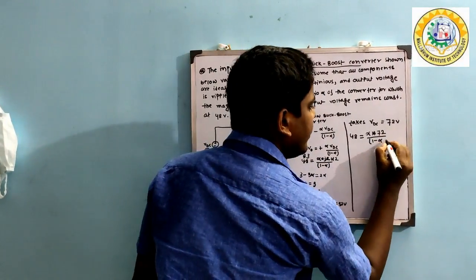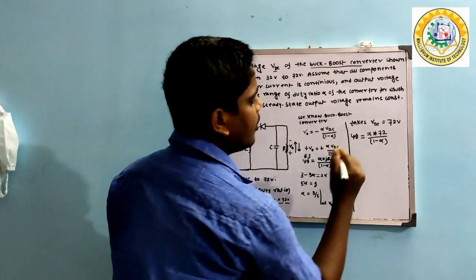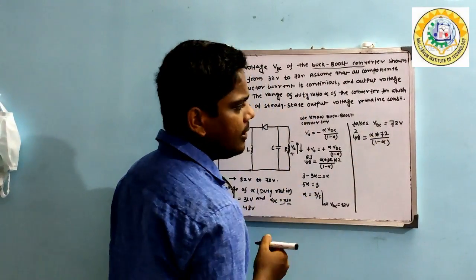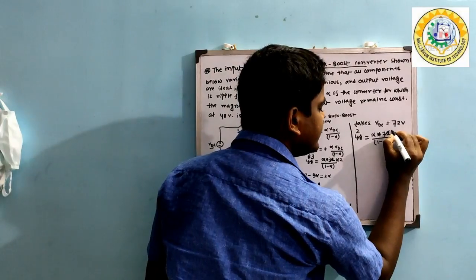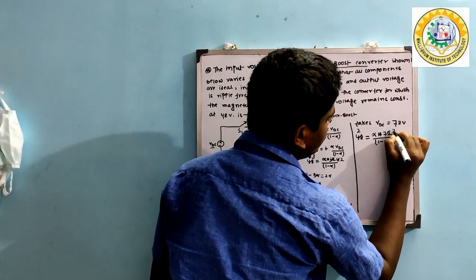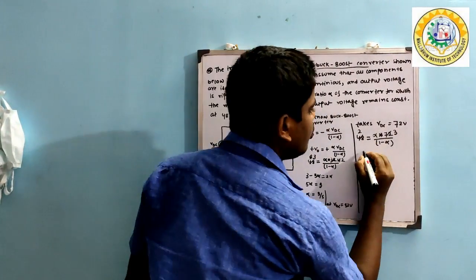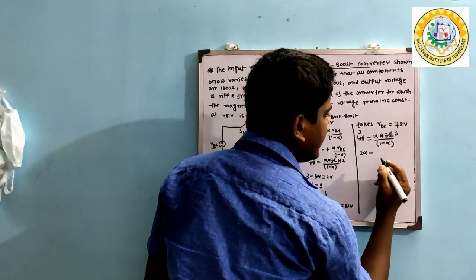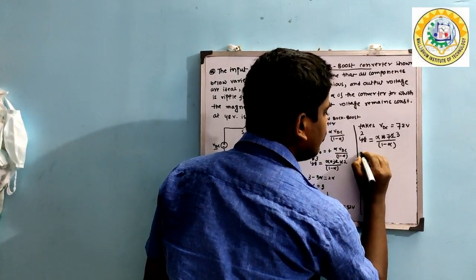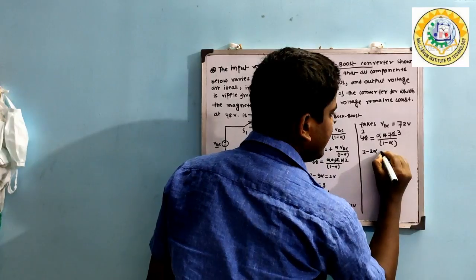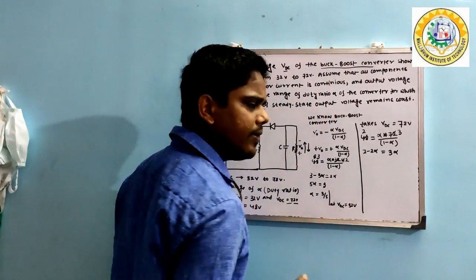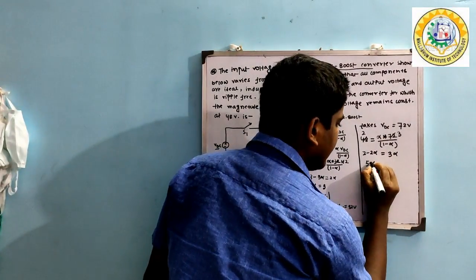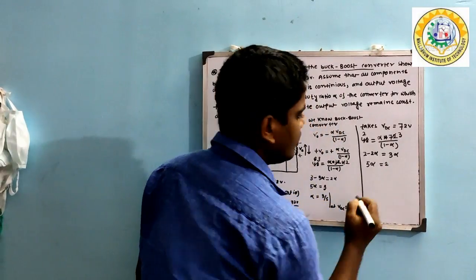So 24 into 2 is 48, 24 into 3 is 72. So 2 minus 2 alpha is equal to 3 alpha. So 5 alpha is equal to 2.